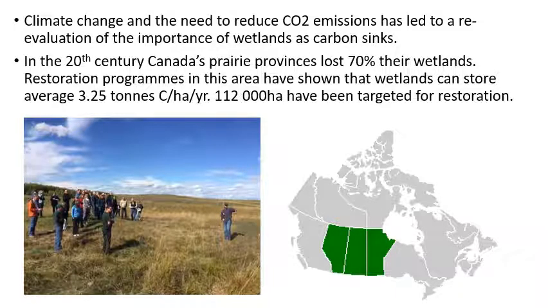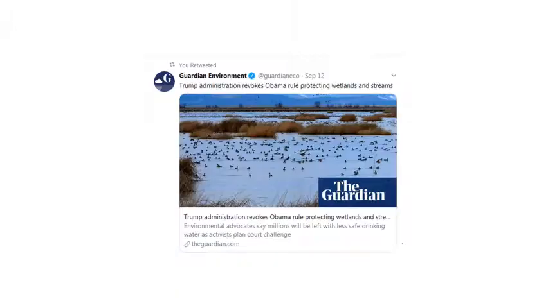So restoring wetlands is big business really around the world, particularly in developed countries. In the 20th century, Canada's provinces lost 70% of their wetlands, and they have shown how successful restoration can actually be. They've had a very successful project there in Canada to restore a lot of their wetlands. This was Donald Trump revoking Obama's rule that protected the wetlands and streams.